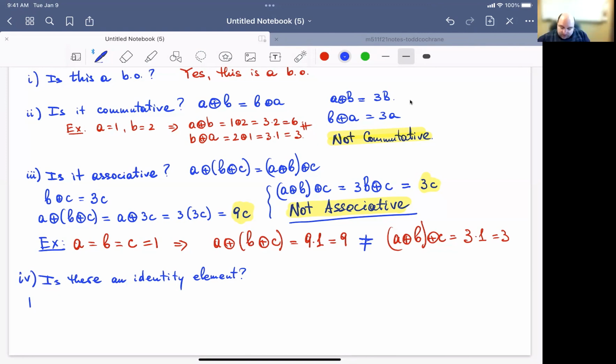Okay. Well, it's easy to see that this is also false, so there is no identity element for this operation.